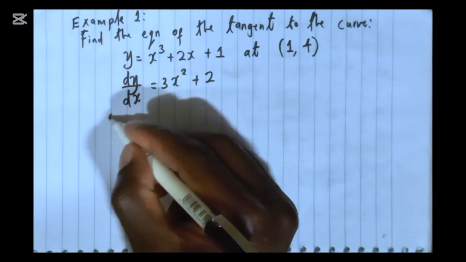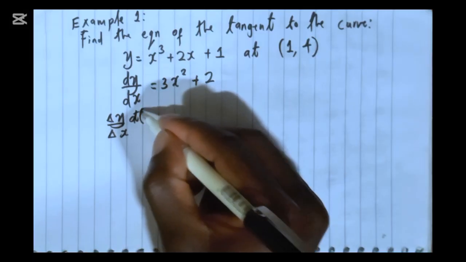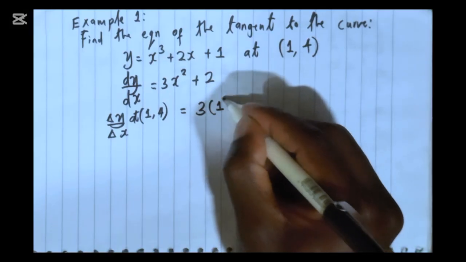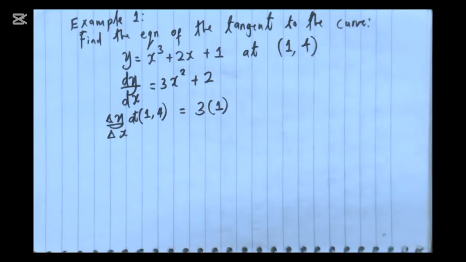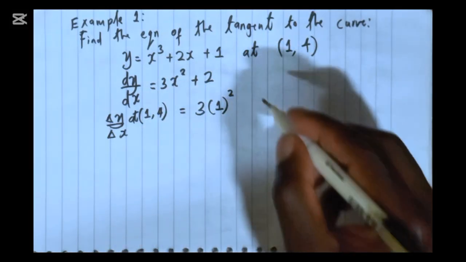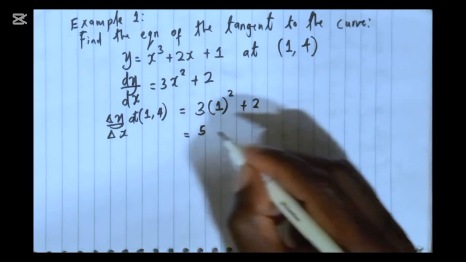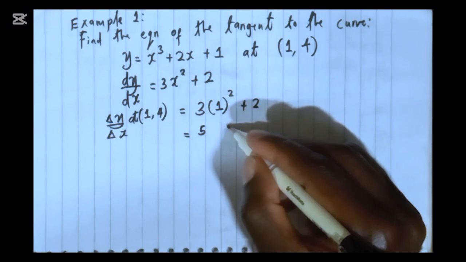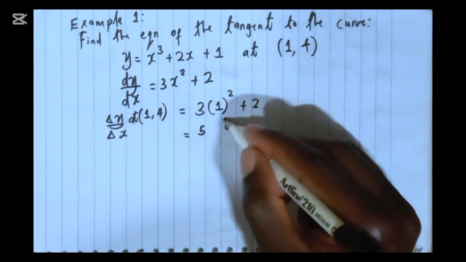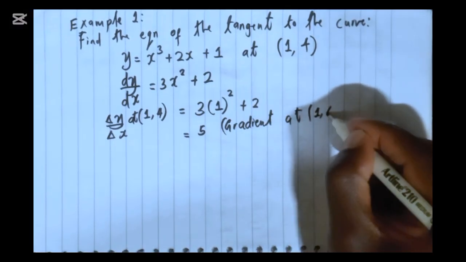So the gradient dy/dx at (1, 4) will be 3 into 1, taking the value of x in this coordinate, substituting directly into the gradient function, plus 2. And note that this is going to give us 5. So this here is the gradient at the point (1, 4).